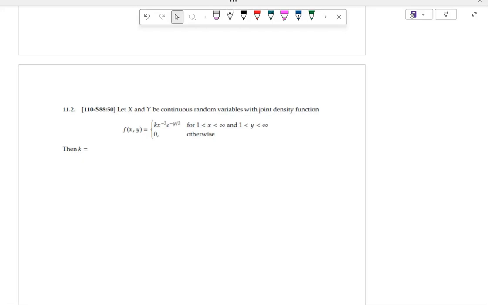Also notice here that I can split this up as a function of x, no y's, and a function of y, no x's. So this really is going to be independent when you're done. You may have to split up your constant in a way where you get your marginals. So if you have a rectangular space and you can separate your variables like you do in diffeq, they really are independent at that point.